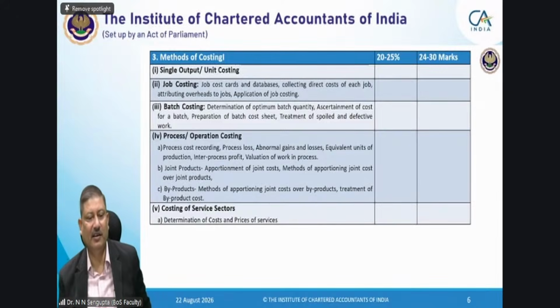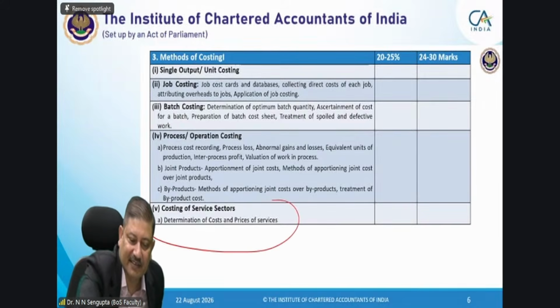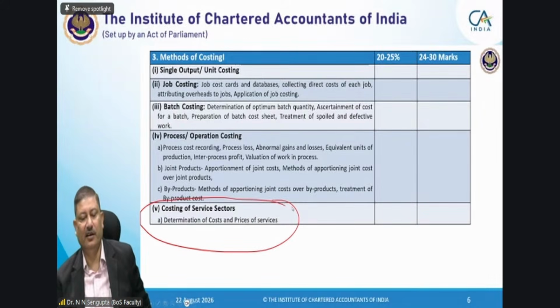Then the last part of the cost, the method of costing: single output costing, job costing, batch costing, process costing, and costing for the service sector. In case of costing of the service sector, all service sectors at present are included.